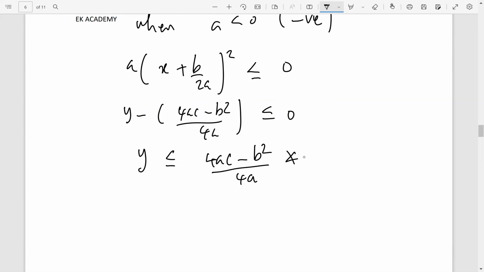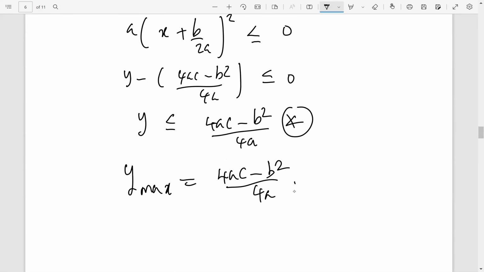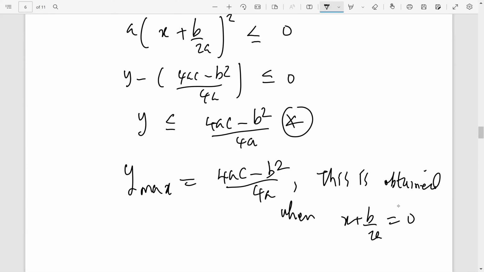So from this expression, you can see that y maximum is going to be obtained when we have the equal sign, and that is 4ac minus b squared over 4a. And this is obtained when x plus b over 2a is again 0.